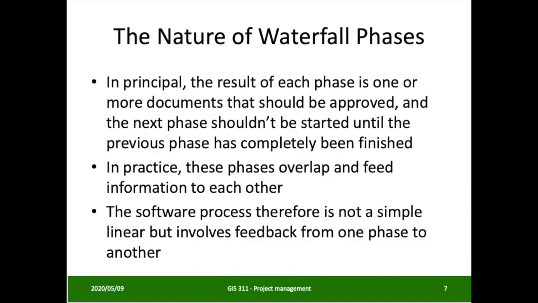So in principle, you need to have everything done before you start the next phase. There's not really supposed to be any overlap, but in practice, this does not happen. There is clear overlap. There is some iterative processes happening. It's not so simple as it looks.